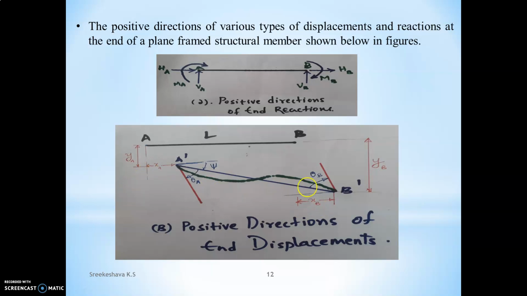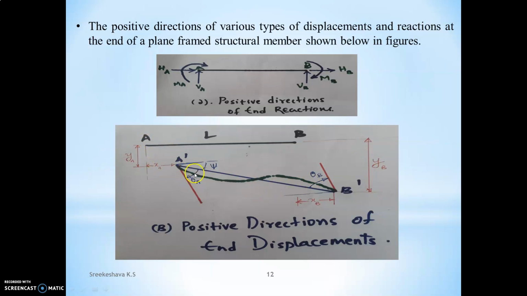But if you consider this horizontal member, because of this end moment, what happens? It will deflect. A changes its position to A dash, and B changes its position to B dash. With respect to the baseline, YB minus YA is the difference between B dash and A dash. The change in difference between YB and YA is sway, that is the sway delta.